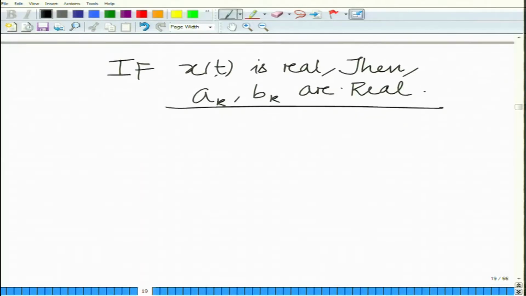Also, look at the relationship between ak and ck: ak equals ck plus c minus k, but if xt is real, then ck equals c minus k conjugate, so we have ck plus ck conjugate.